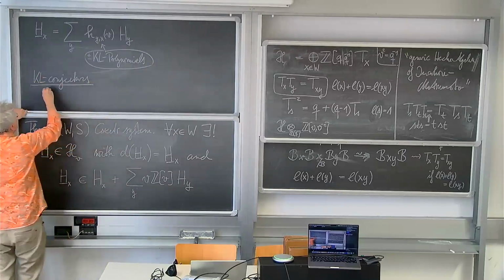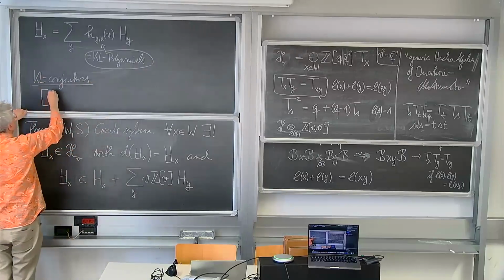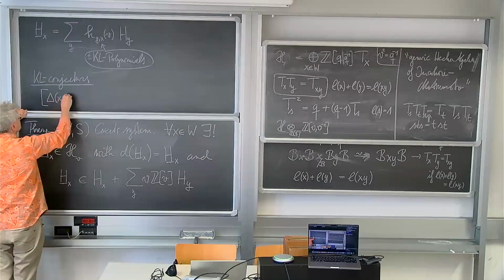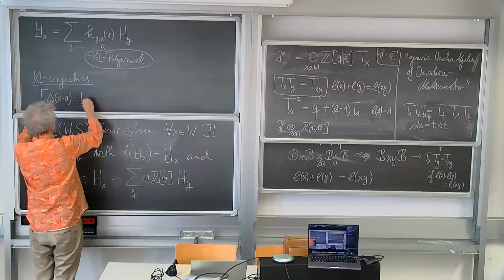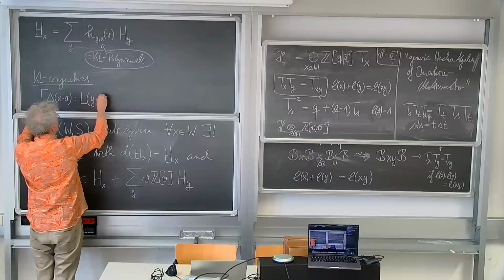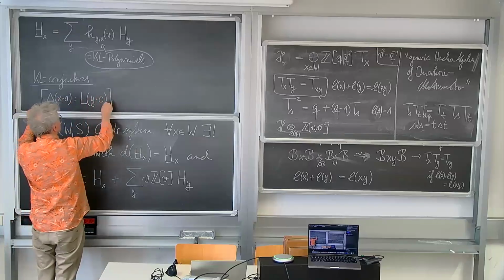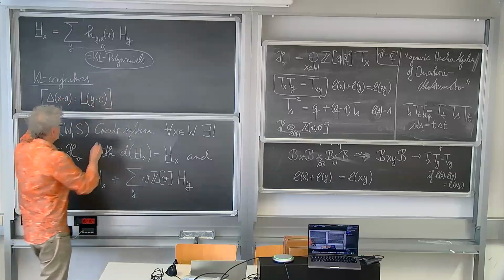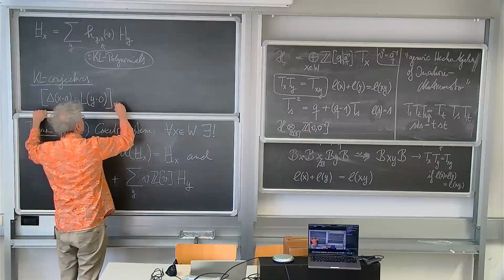They tell the multiplicity with which the simple subquotient with highest weight y occurs in the Verma module, so the Jordan-Hölder multiplicity.